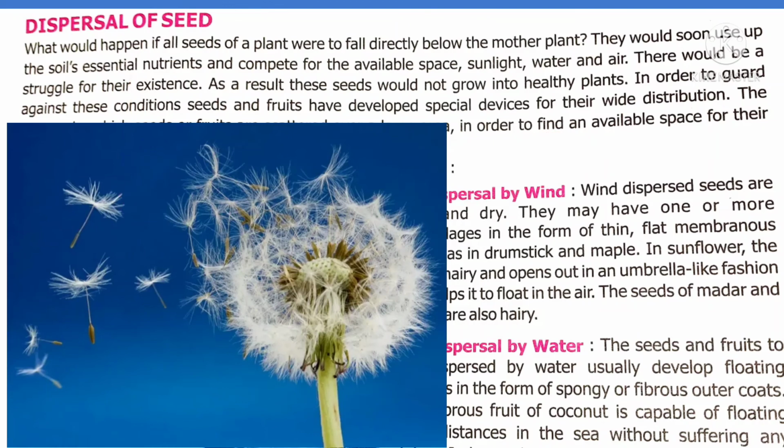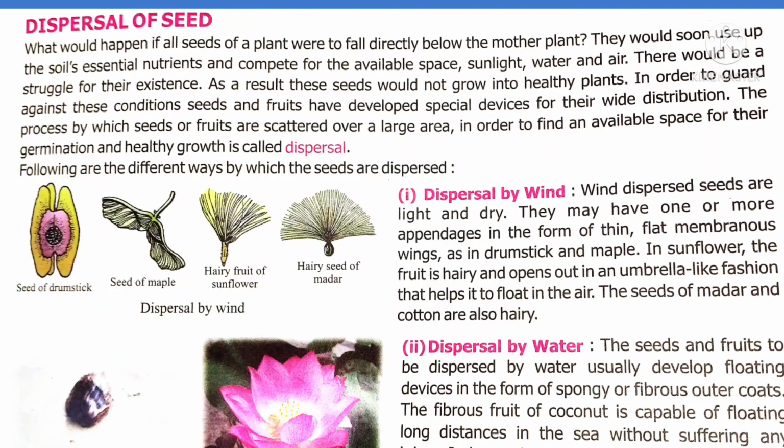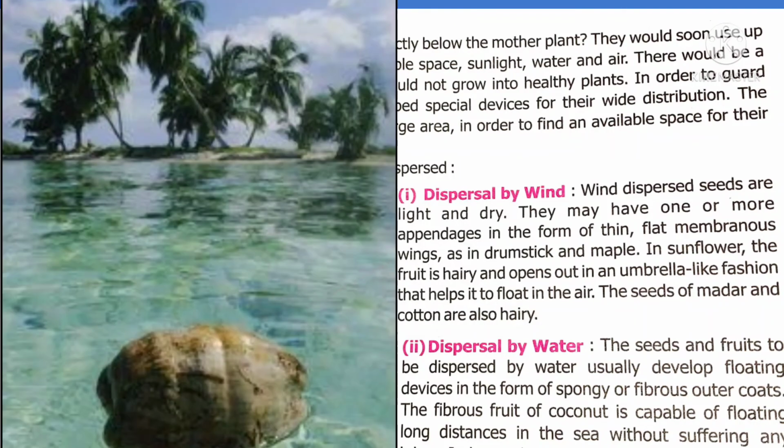Some seeds have wings or hairy-like structures on the body surface of the seed. So with the help of wind, such seeds are carried to faraway places from the parent plant.